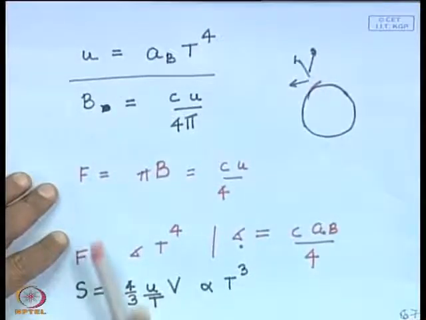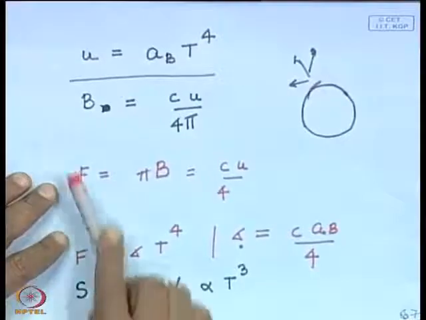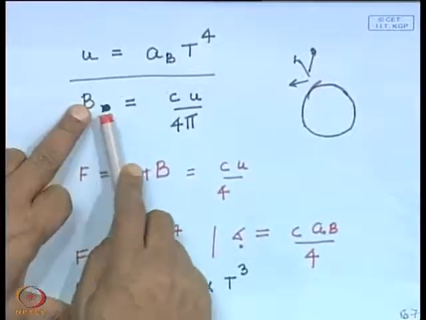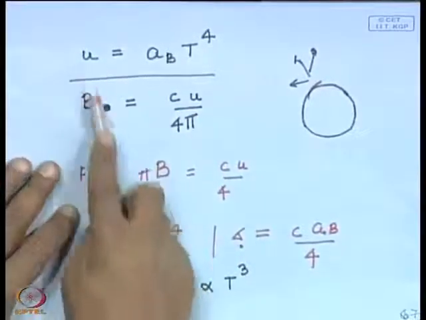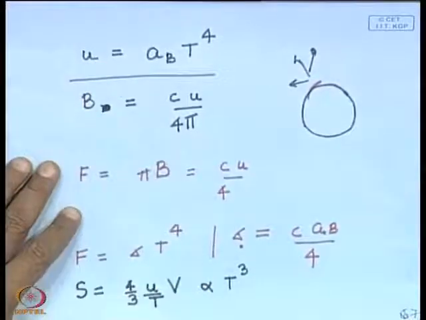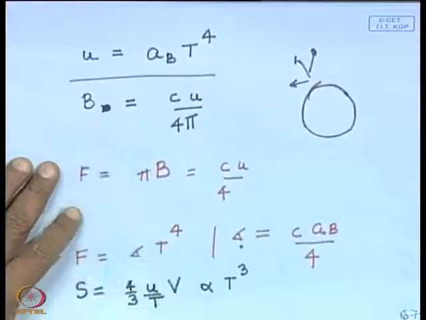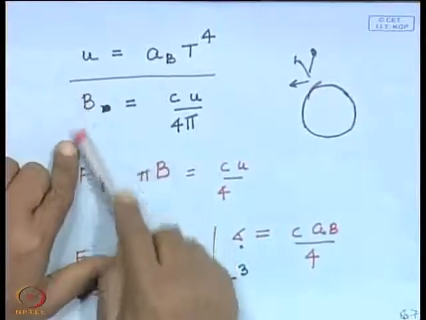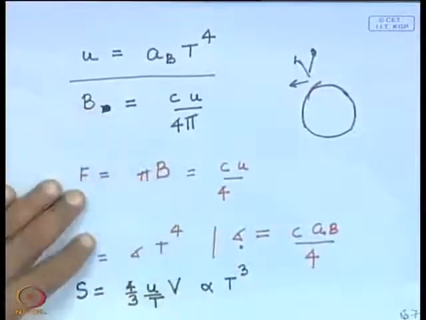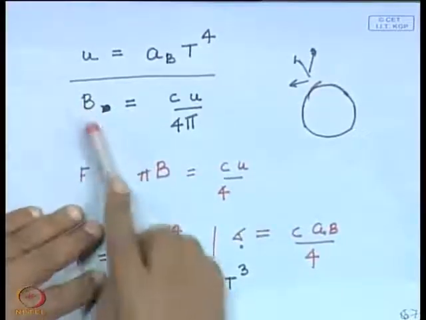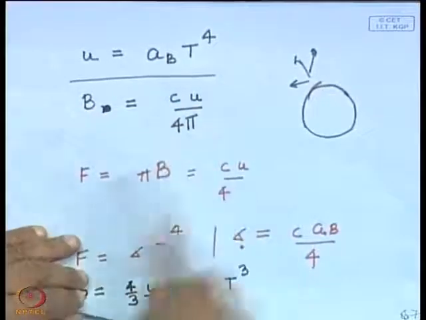Further, we also saw that the Planck function, the specific intensity, is related to this: you multiply by c and divide by 4 pi, you get the specific intensity. So, if you integrate the Planck function over frequency, that is equal to c into the energy density by 4 pi.